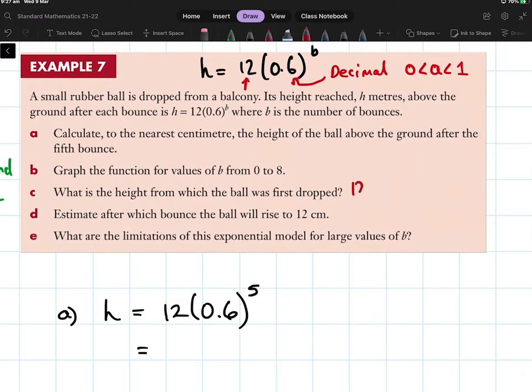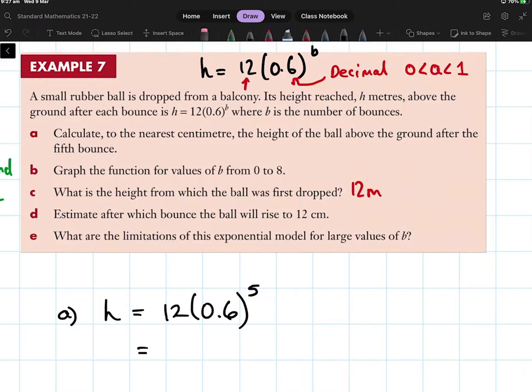Well, that's 12 centimeters. It's in meters, so it's not 12 centimeters. The ball is initially dropped from 12 meters in the air, because that value 12 out the front is going to end up being our y-intercept. So just looking at that equation, we can start to grab that information.